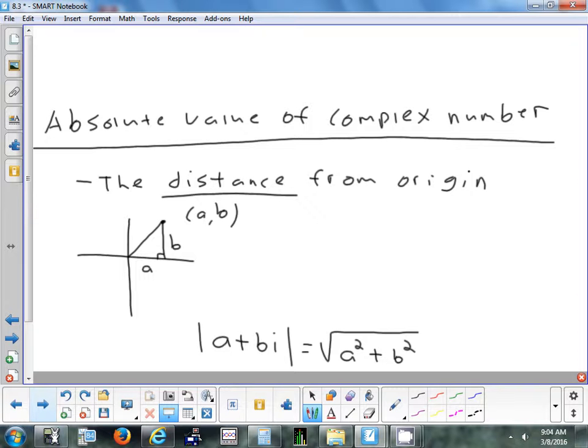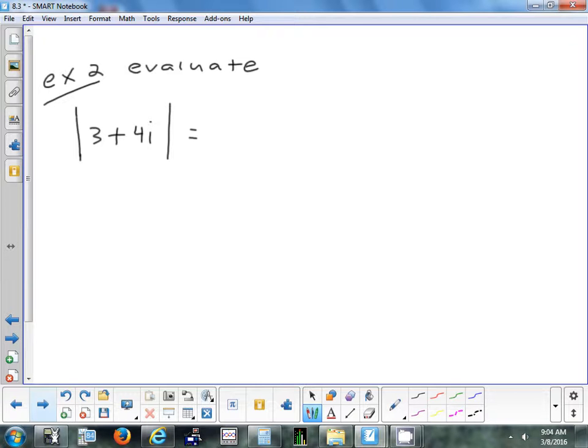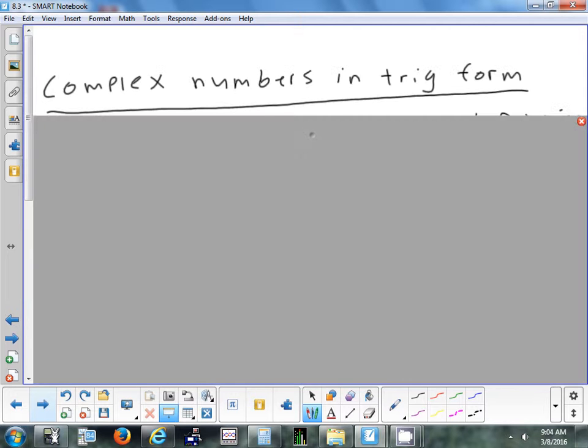Okay, so any questions on the idea of what the absolute value of a complex number is? Okay, and this we're going to do in standard form. Trig form doesn't really provide us a fast way of finding absolute value. In fact, absolute value is easier to do with the kind of points that we're comfortable with. After this one, then we'll start to get into trig form.